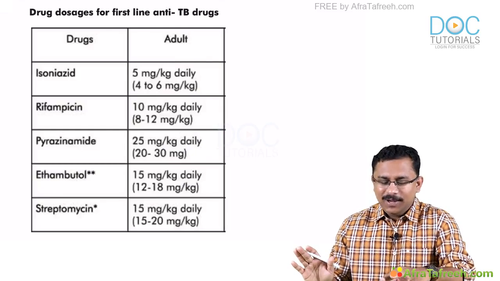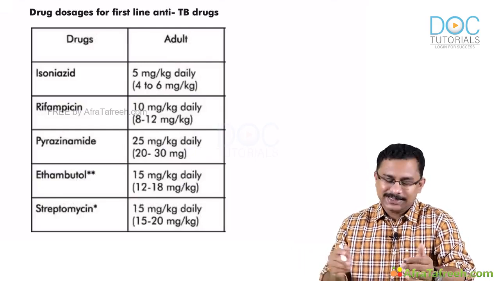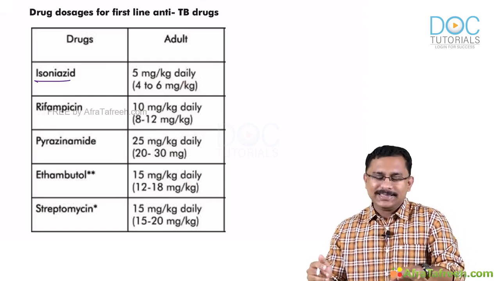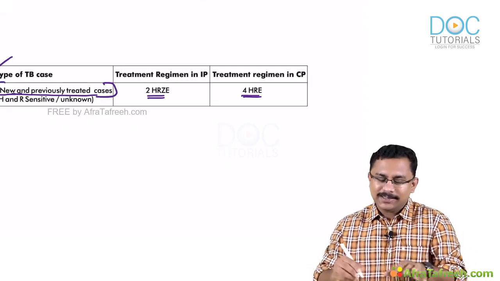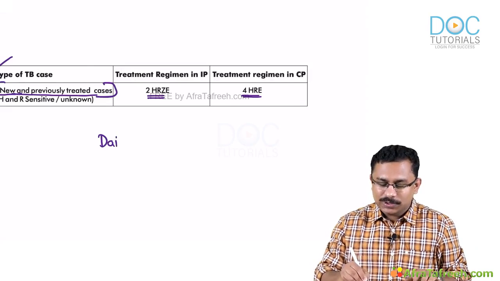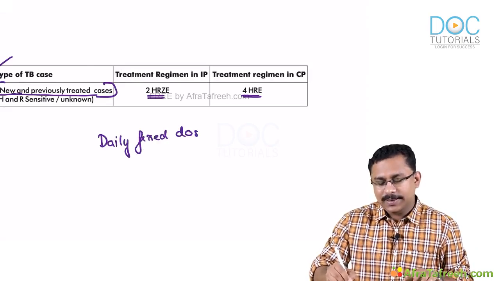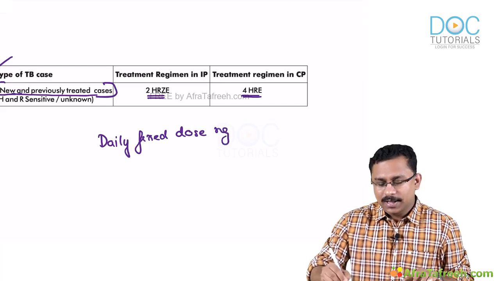Now, what are the typical dosages used in case of adults? The treatment that is given is a daily fixed dose regimen, based on the body weight.